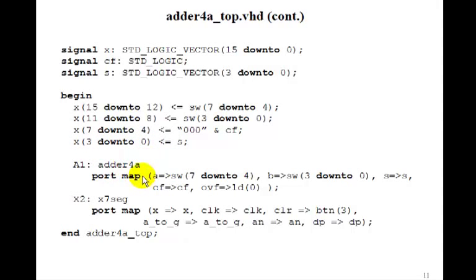And then you just port map the adder 4 and port map X7 SIG in the usual way. And you can then take this top-level design, download it to your FPGA board, and check by adding the 4-bit switches, leftmost switches to the rightmost switches, and observe the sum and the carry and the overflow bits.